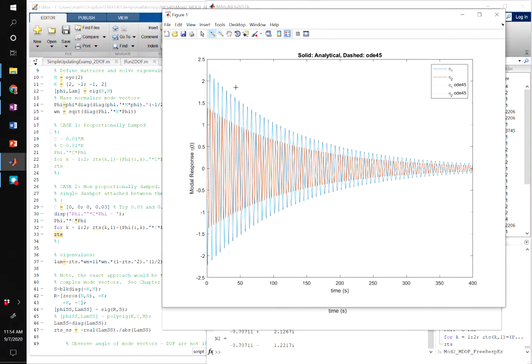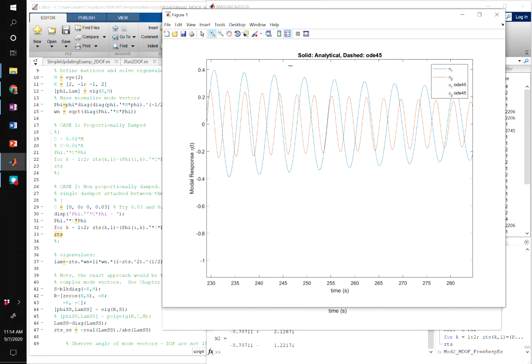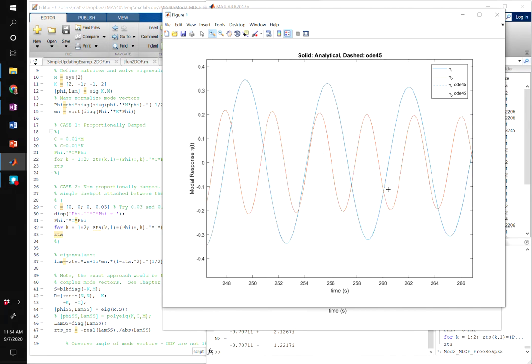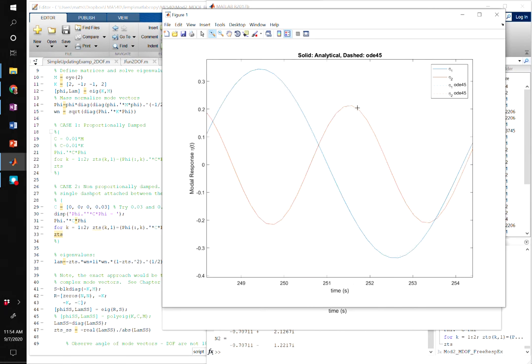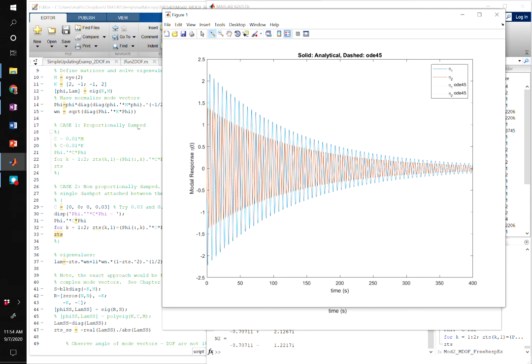There, we might get a little more insight. But again, you really have to zoom in, and you can't really see much difference at all between the dotted lines and the solid lines. So this has worked really well in either case.